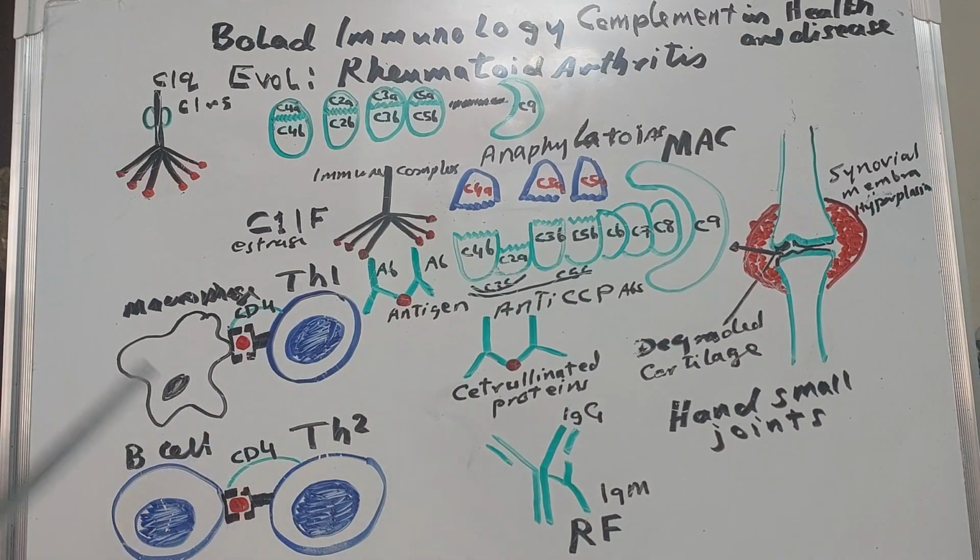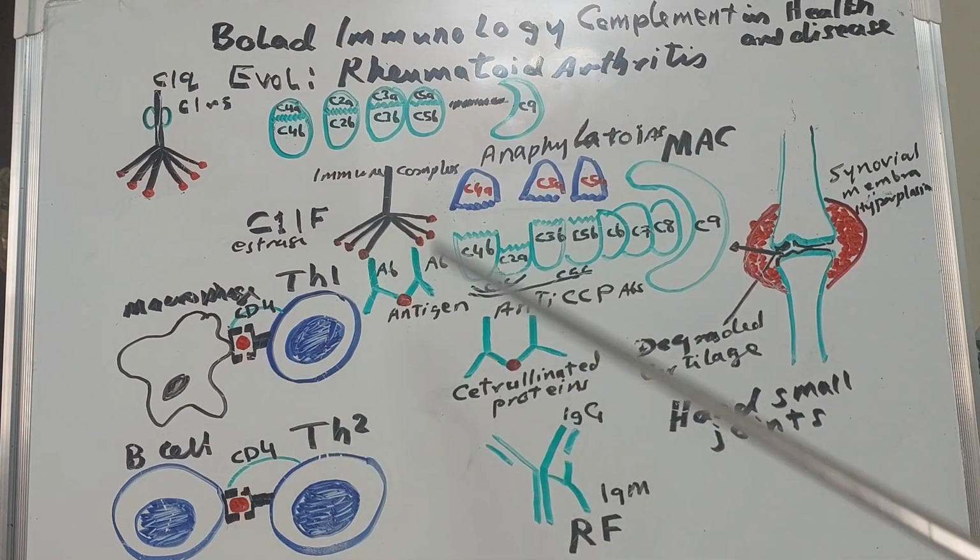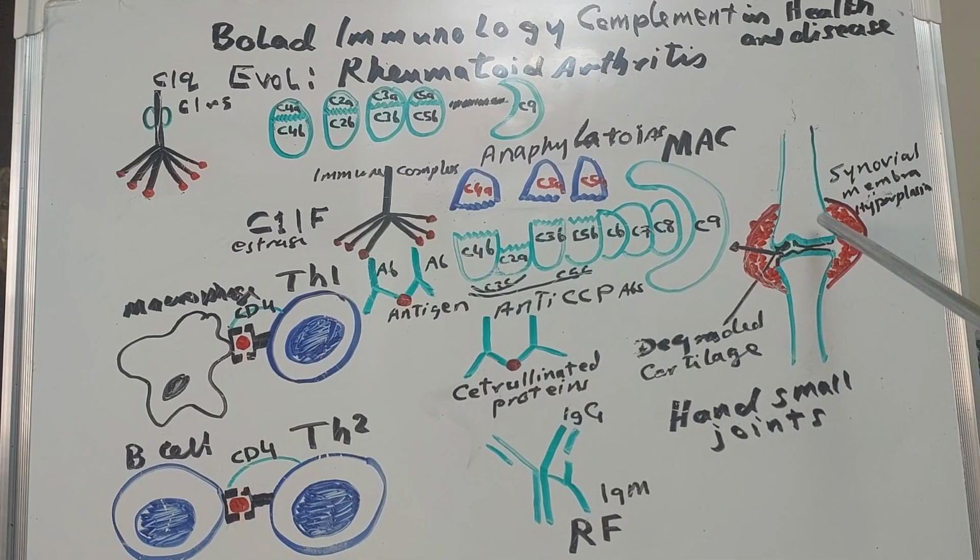When these cells come and accumulate here, and due to absence of that subset of cells that have the capacity to clear or engulf them, citrullinated proteins will accumulate in the joint.